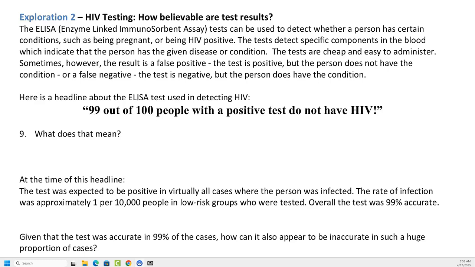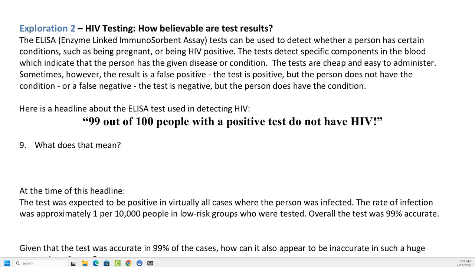So it says here, HIV testing. How believable are test results? The ELISA, an acronym for enzyme-linked immunosorbent assay, tests can be used to detect whether a person has certain conditions, such as being pregnant or being HIV positive. The test detects specific components in the blood which indicate that the person has the given disease or condition.